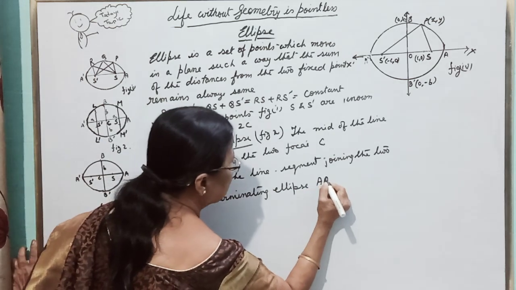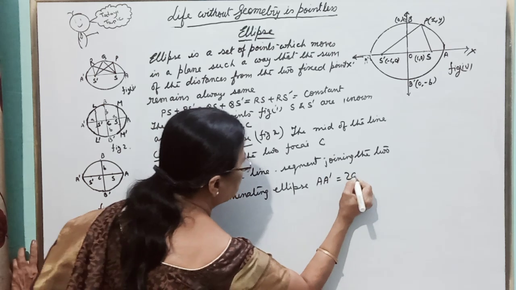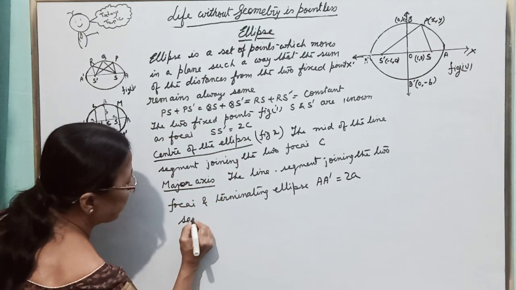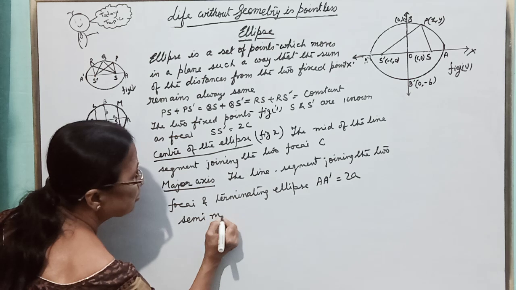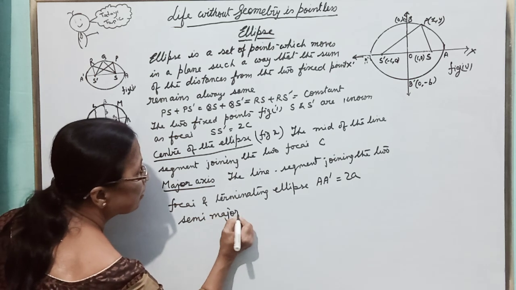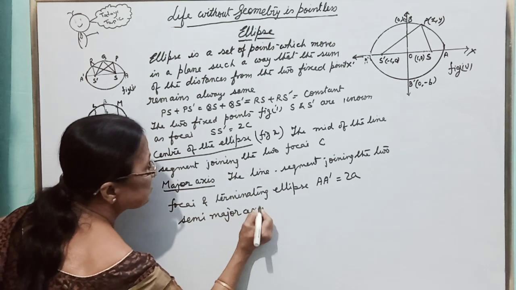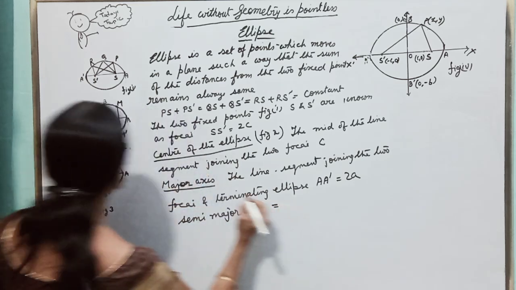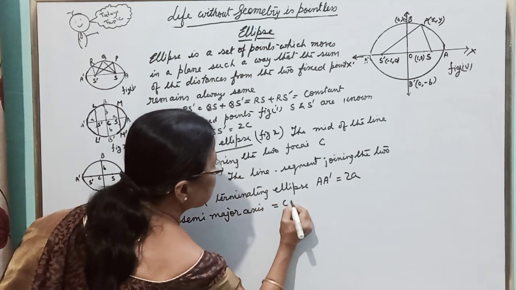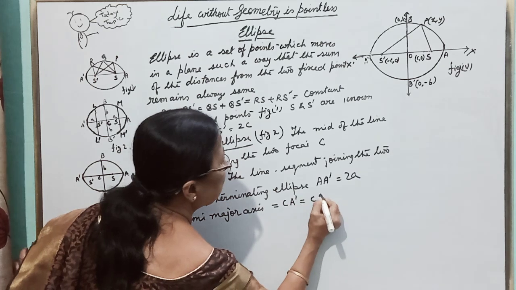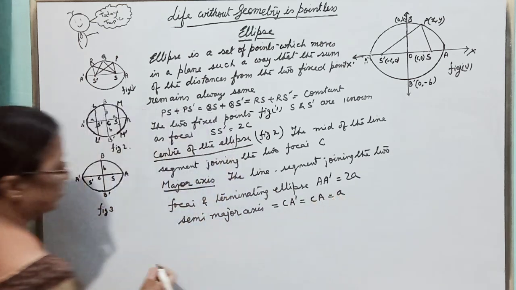This is A dash, and the major axis is normally denoted by 2A. Semi-major axis: CA dash is equal to CA, equal to A.